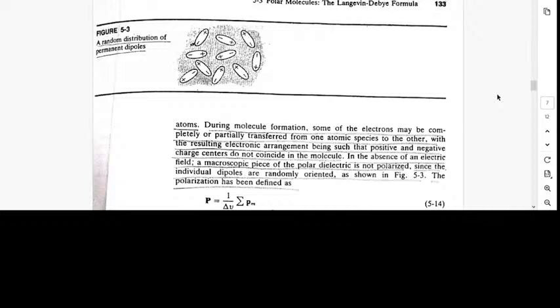And during molecular formation, some of the electrons may be completely or partially transferred from one atomic species to the other, with the resulting electronic arrangement being such that positive and negative charge centers do not coincide in the molecule.